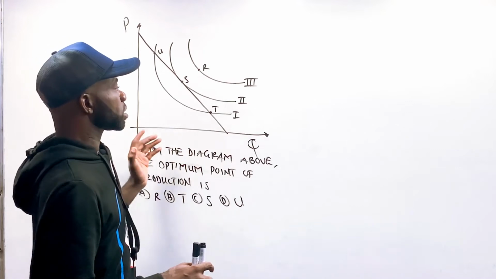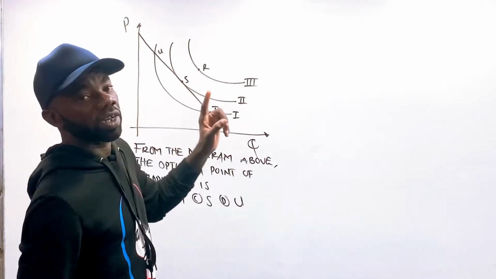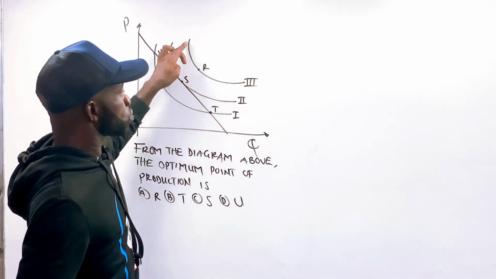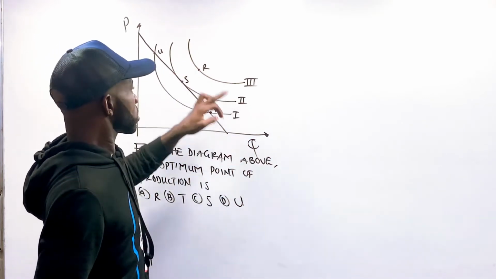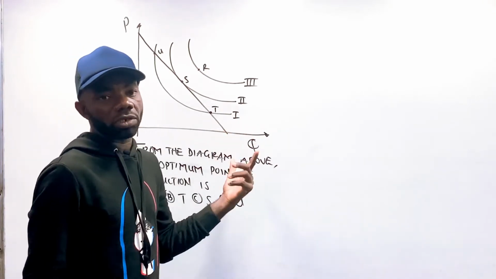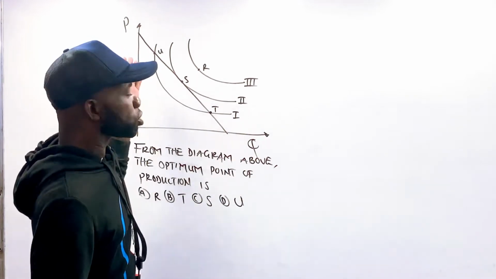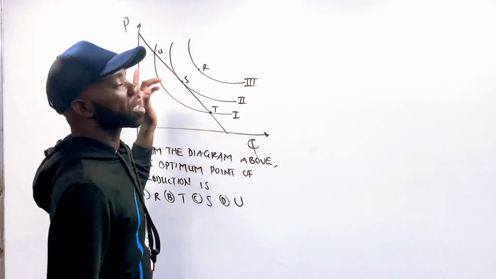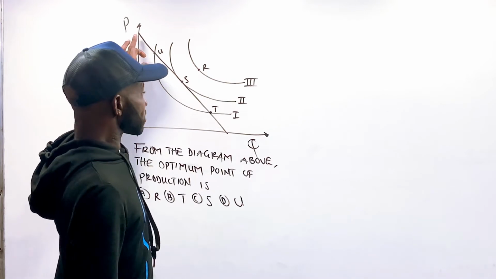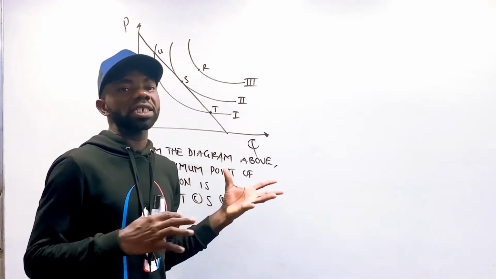So while the consumer deals with the indifference curve, the producer deals with the iso-quant curve. While the consumer deals with the budget line, the producer deals with the iso-cost curve.